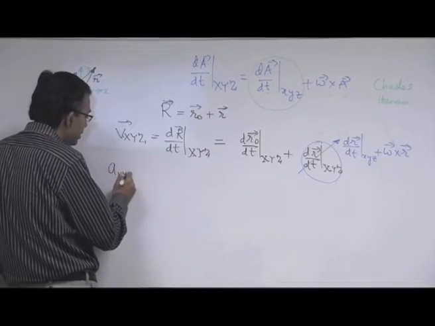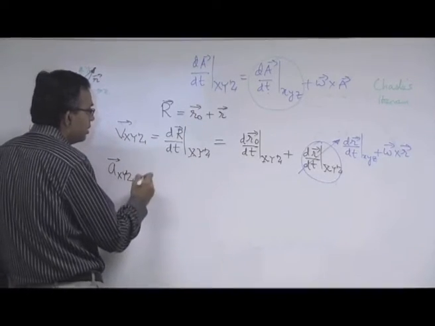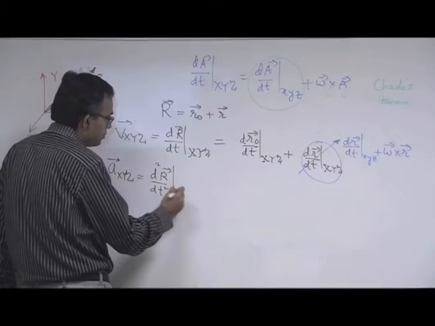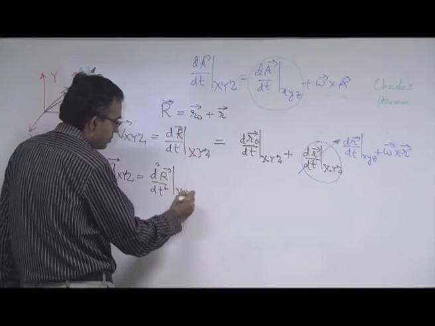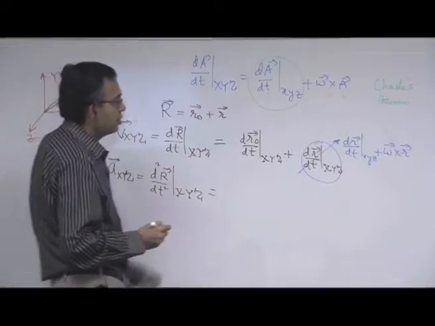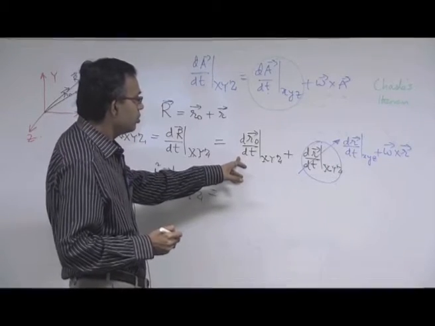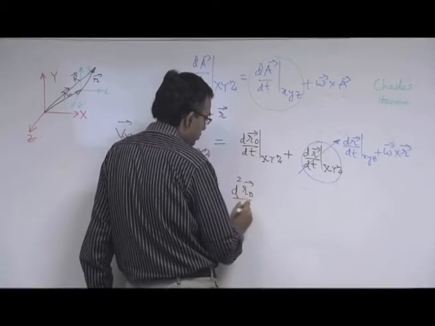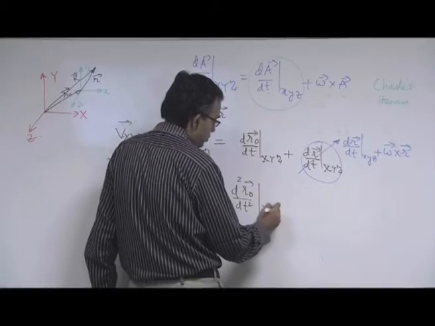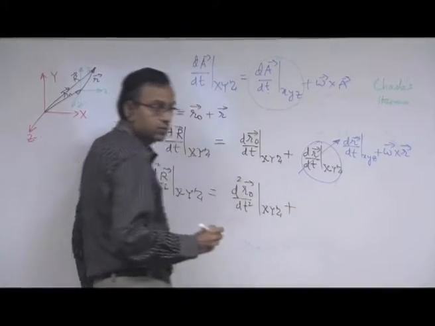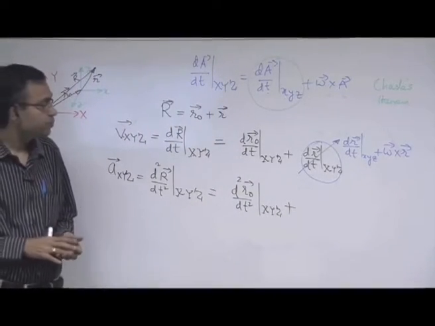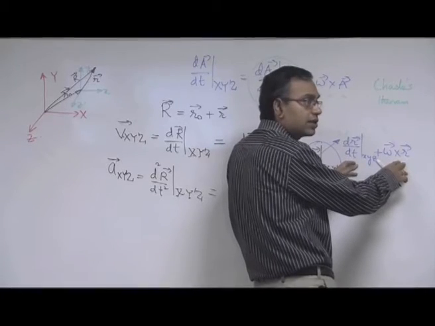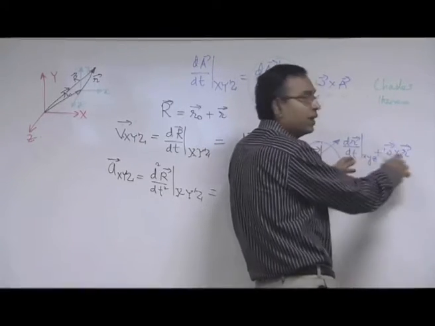So acceleration in capital XYZ is equal to this term differentiated, plus this entire thing, the derivative with respect to small xyz, plus omega cross this entire thing.